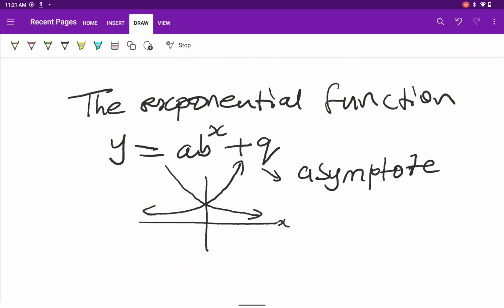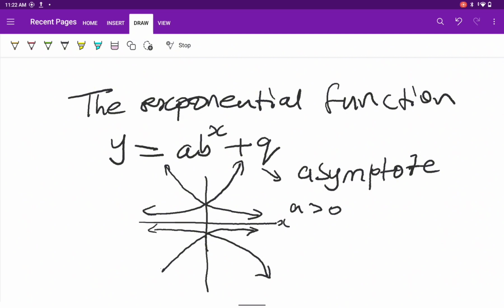It will be either the first one or the second one if the value of a is positive. If a is positive, then the graph will be drawn above the asymptote. But if a is negative, the graph will be drawn below the asymptote. So we will either have this type of graph or we will have this type of graph.